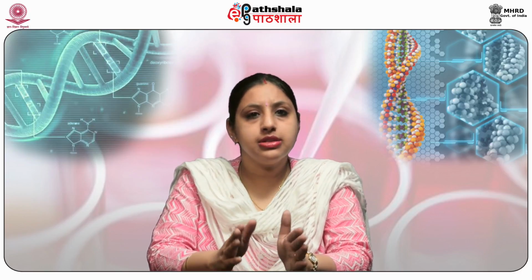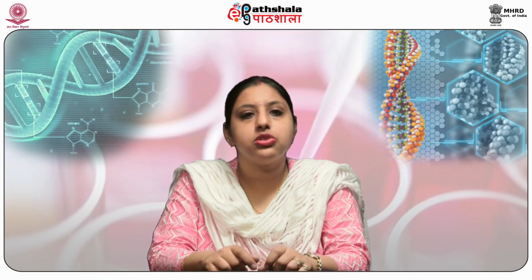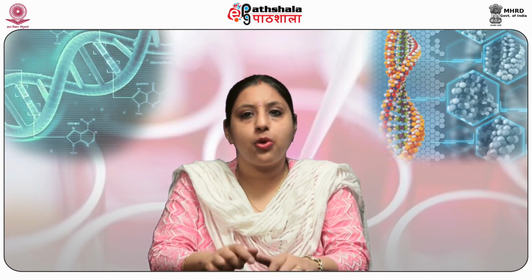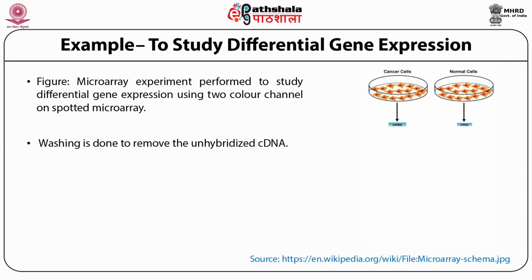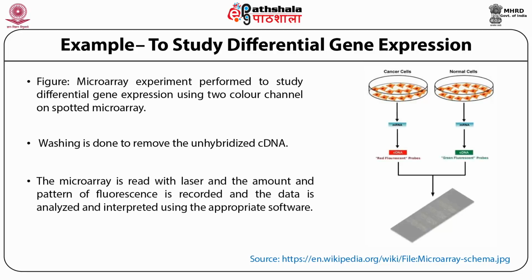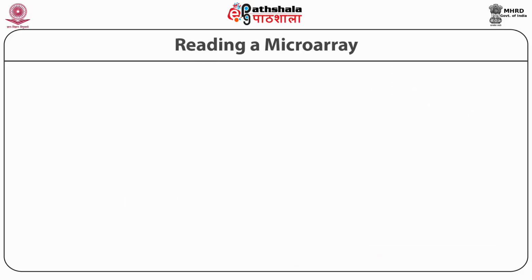The different cDNAs are mixed and then added to the cDNA spotted onto the microarray for incubation. Washing is done to remove the unhybridized cDNA. The microarray is read with the laser and the amount and pattern of fluorescence is recorded and the data is analyzed and interpreted using the appropriate softwares.